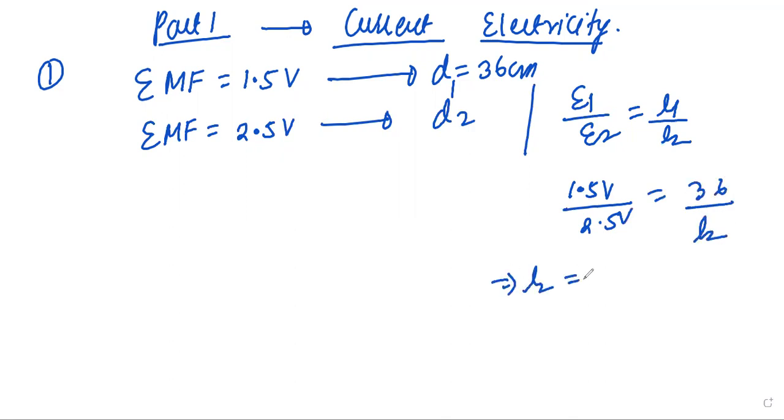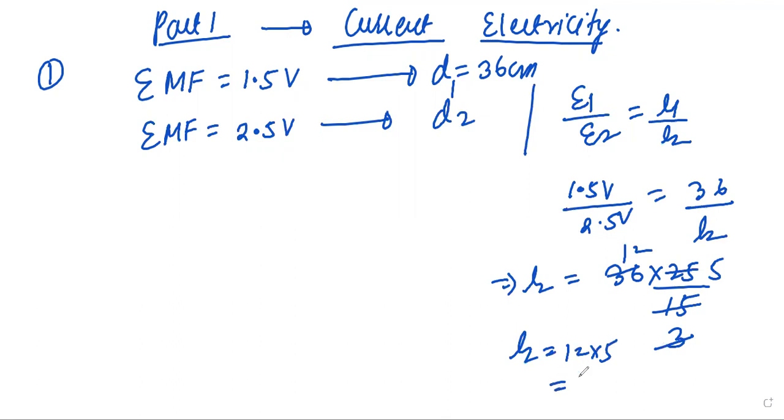L2 will be 36 into 25 upon 15. Cancel by 5, so it will be 3 and 5. And with this 3, it will be 1 and 12. So L2 will be 12 into 5, that is 60 centimeters.